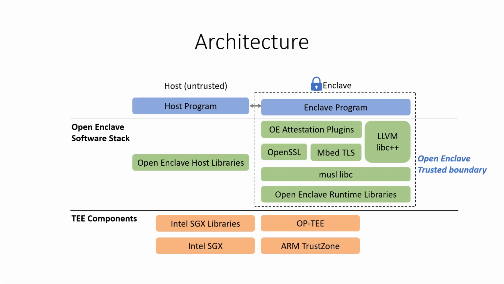The host runs in the normal world and is only responsible for bootstrapping an enclave. This is based on the host libraries provided by Open Enclave. And Open Enclave provides a self-contained runtime support, and all the runtime is within the enclave boundary, which is sufficient to support a normal C and C++ program.